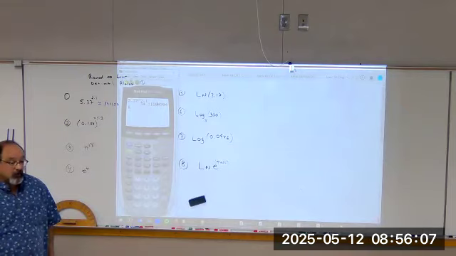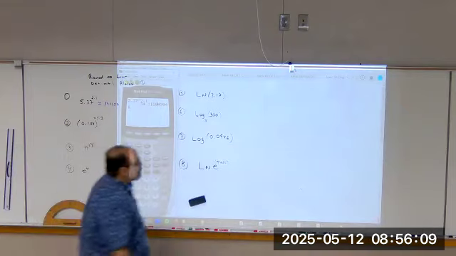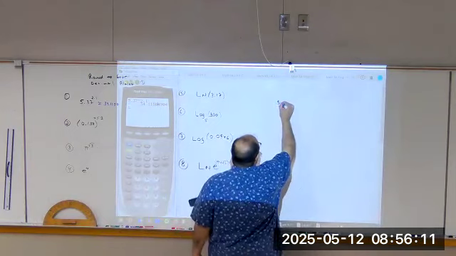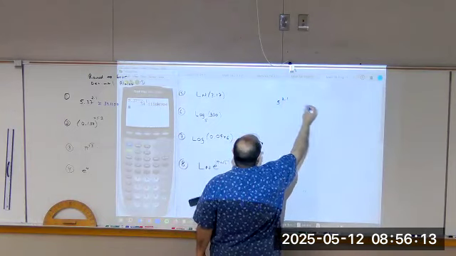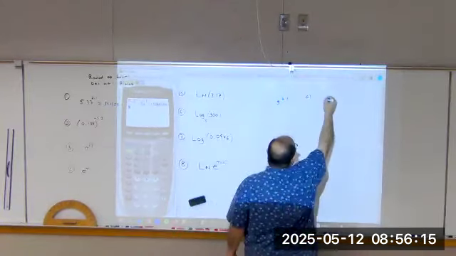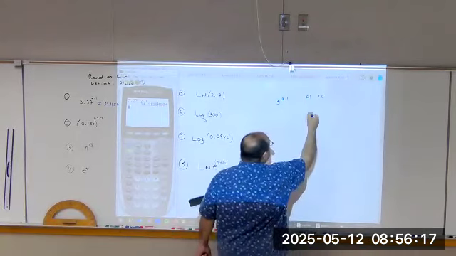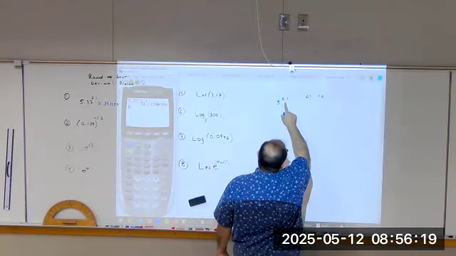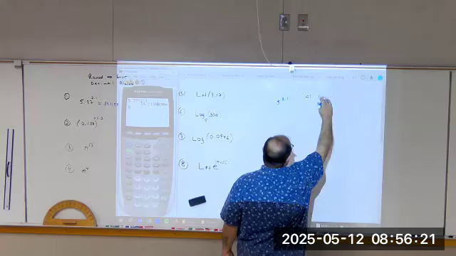You can do this problem without everything I did. 5 to the 2.1, A is 10. 5 times 2.1 would be 10.5.